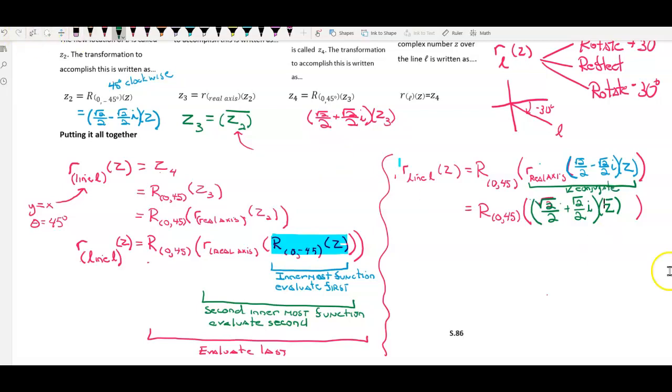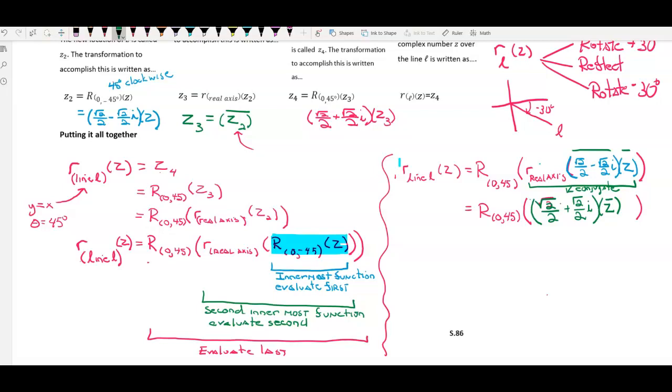Any questions on what I did there so far? I did the conjugate of the blue parentheses, that's why it became plus. And then I did the conjugate of z.